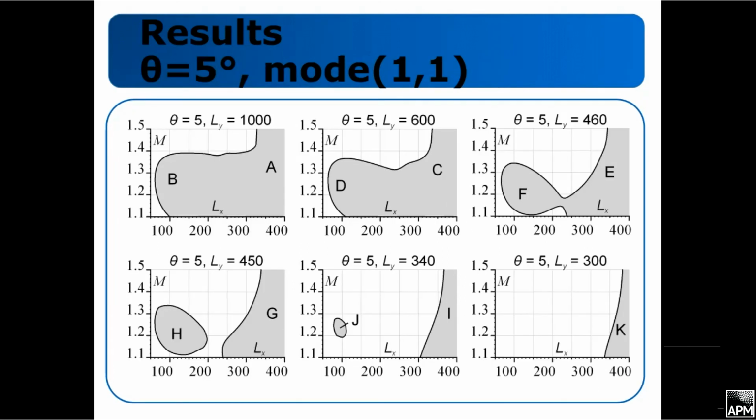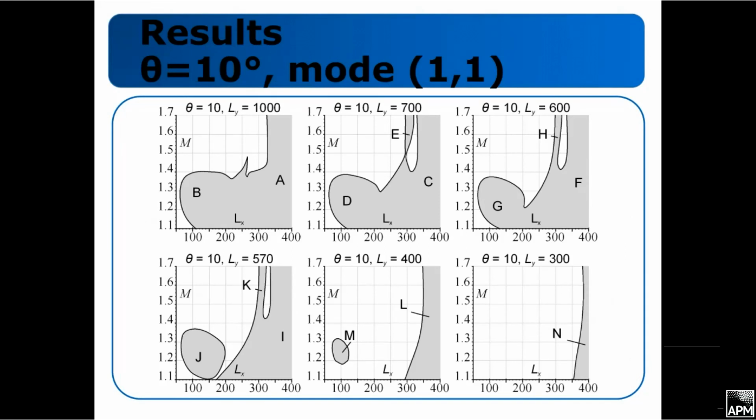And after a certain value of Ly, the region of flutter divides into a single mode flutter and a coupled mode flutter. Then the single mode flutter contracts to a point and disappears, and the region of coupled mode flutter shifts to the region of large Lx.